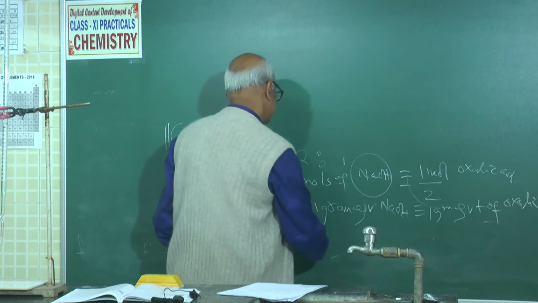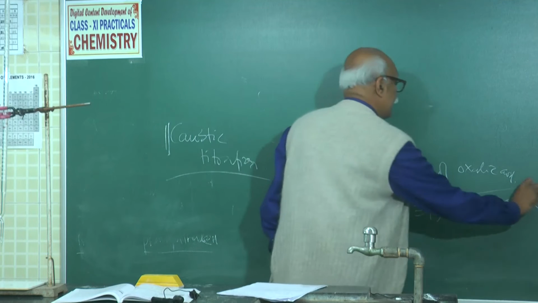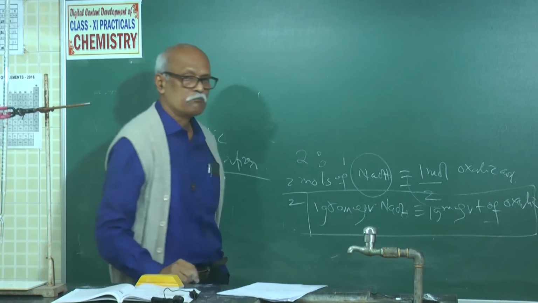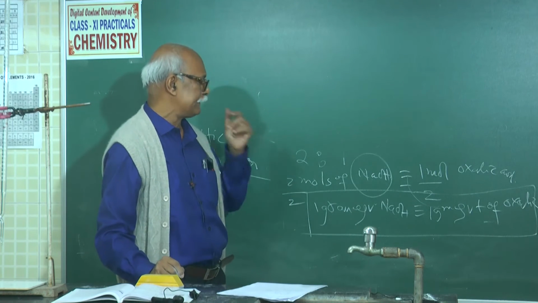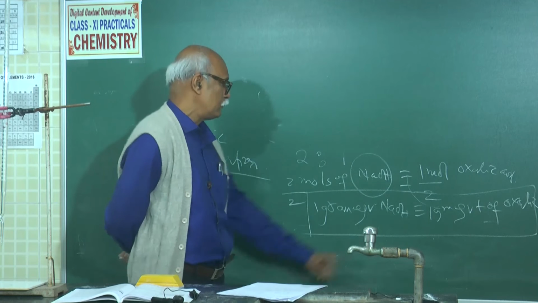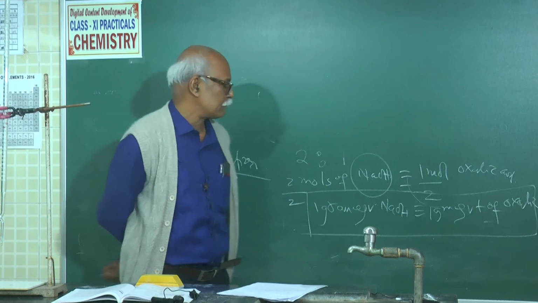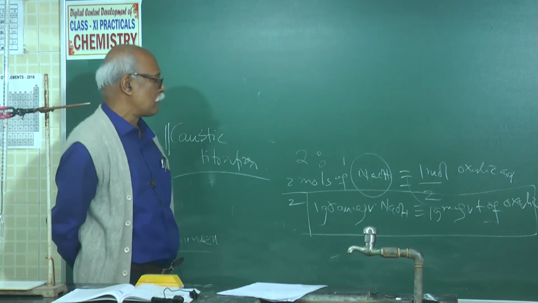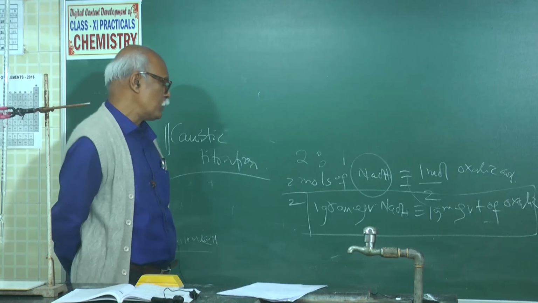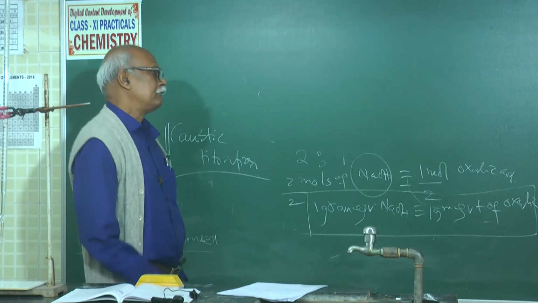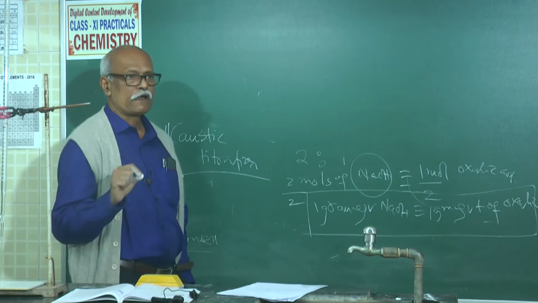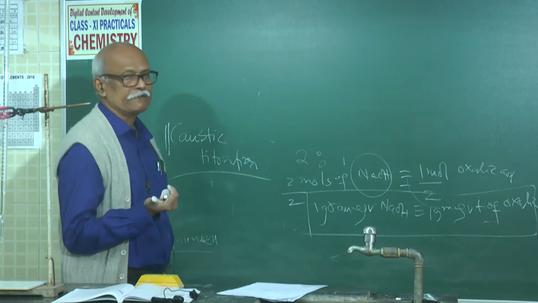This is a very interesting observation. Gram equivalent of acid will not be equal, you can call it equivalent to, the sign of equivalency. 1 gram equivalent of alkali must be equivalent to 1 gram equivalent of acid.